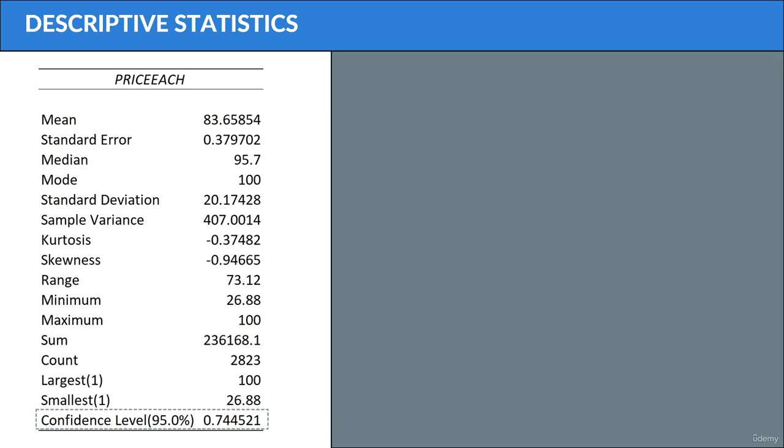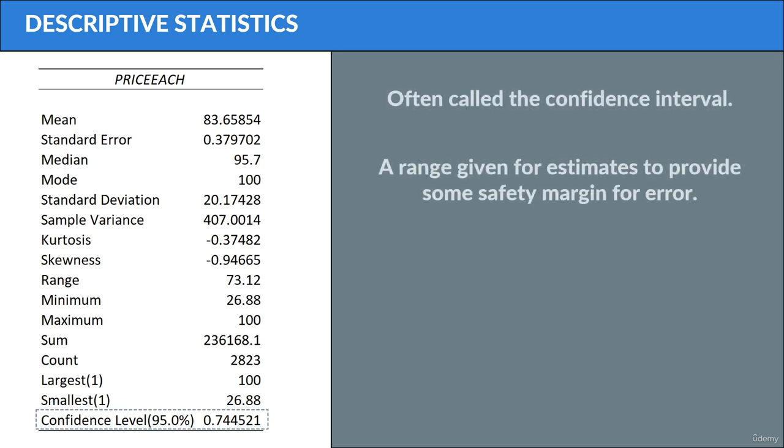And then finally, we have our confidence level, which is often called the confidence interval. And this is basically a range that we give for our estimates so that we have some safety margin for any error we may have made. Imagine that we're trying to figure out the average height for students in a school, and we believe that the answer is 153 centimeters. The confidence level tells us how sure we are that the real average is that value.